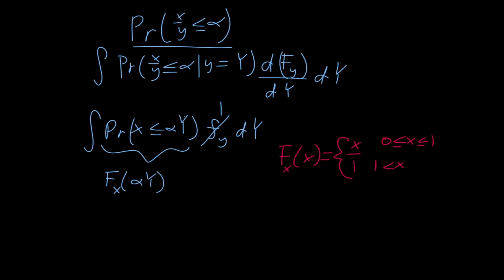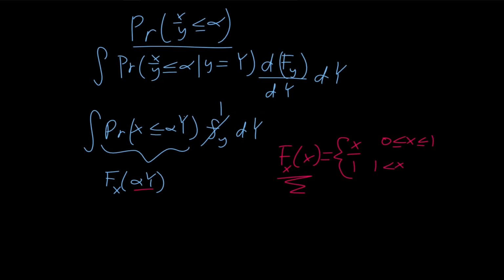So since our cumulative distribution function right here is not continuous, this begs the question of what exactly is our argument right here? Is it going to be greater than 1 or is it going to be less than 1? And the answer actually is that it's both, depending on what alpha is. Because remember, we said x on y has to be less than or equal to alpha. But x and y are both going from 0 to 1. So if I pick x being like 0.25 and y being 0.999, obviously that right there is going to be less than 1.